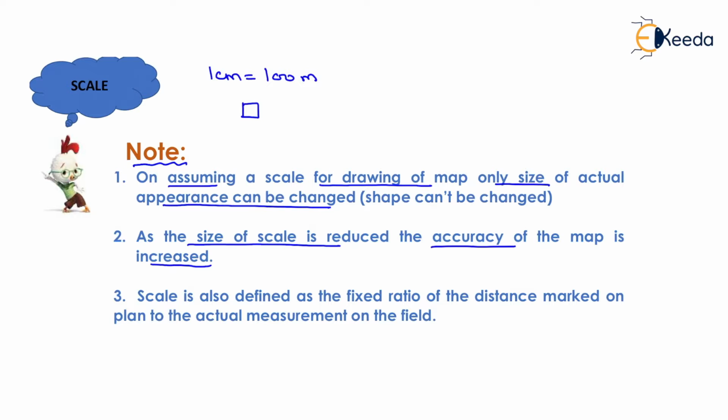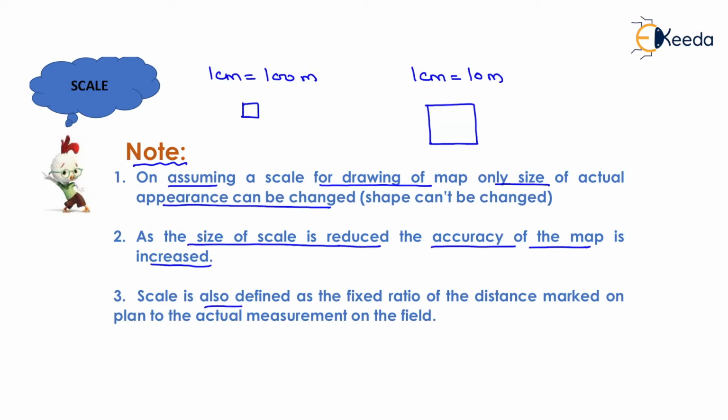Now if we reduce the size of scale to 1 centimeter equals to 10 meter, then the drawing is of larger size and we will get enough information from this drawing. So as the size of scale is reduced, the accuracy of the map is increased.